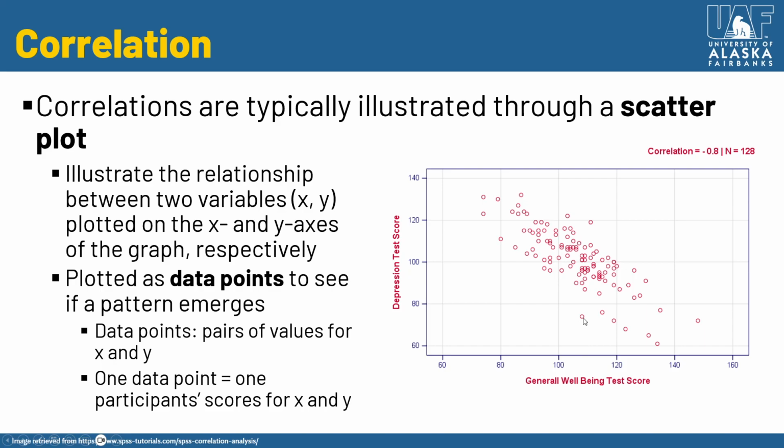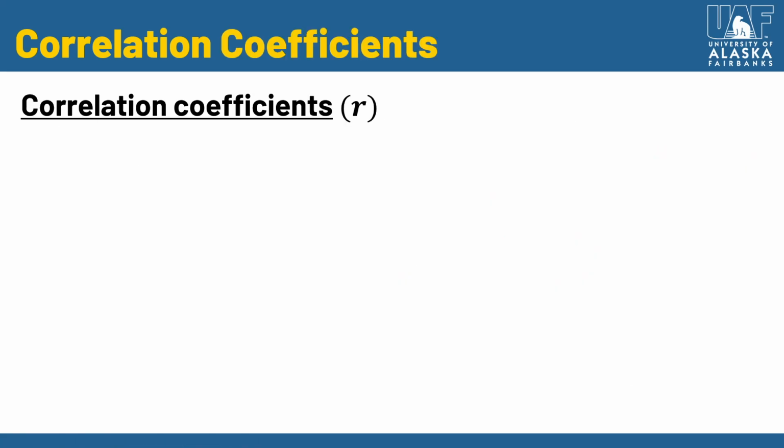For this person right here, it looks like their general well-being was probably 108-ish, 109-ish, and their depression was around 75-ish. Each of these corresponds to one participant, and collectively, we're doing a statistical analysis on all of these data points to identify the pattern of the relationship in the form of a straight line, reducing all this noise down to one single number that indicates that.